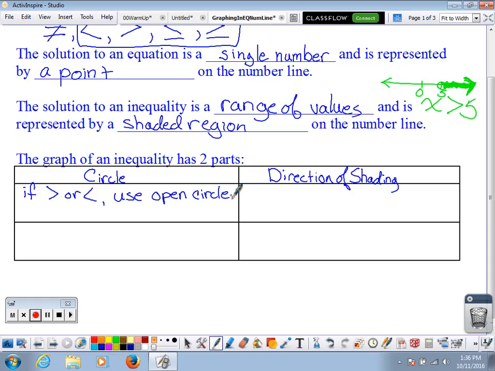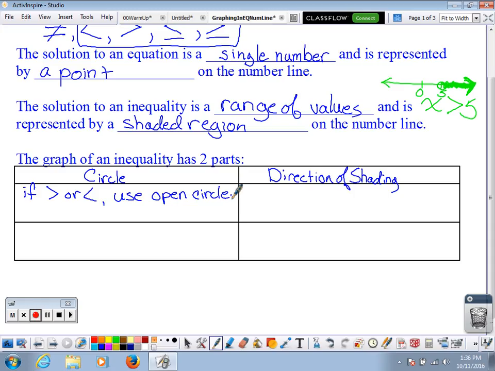Okay, we put a circle at that number, but we don't shade it in. And that says that we can get really, really close to that number, but we don't include it. Okay, any number that's really, really close to 5, just as long as it's bigger, but not 5 itself.